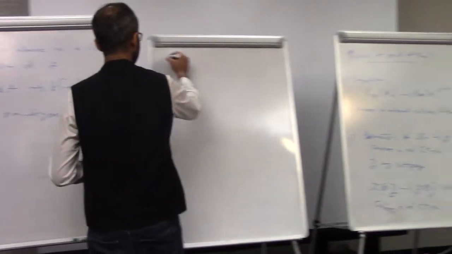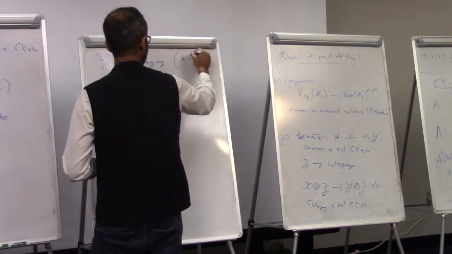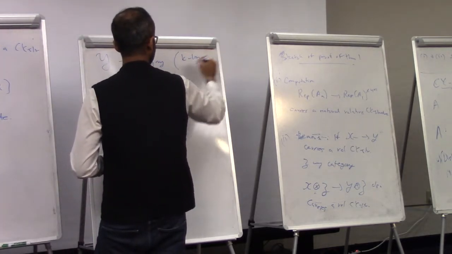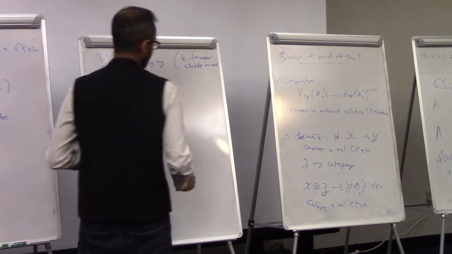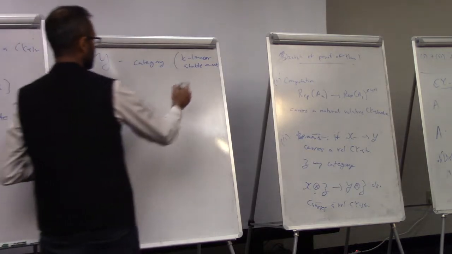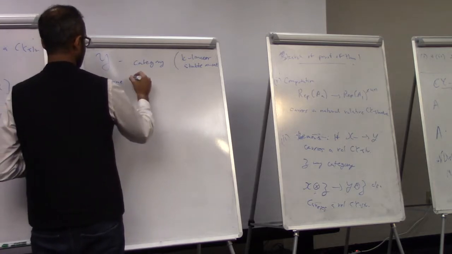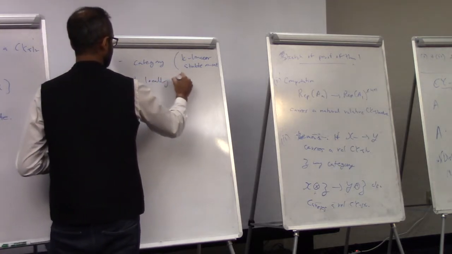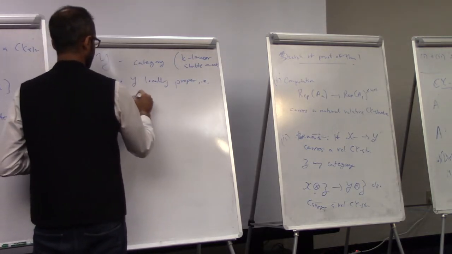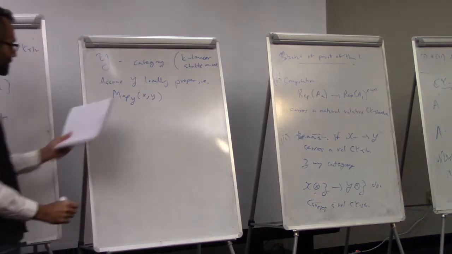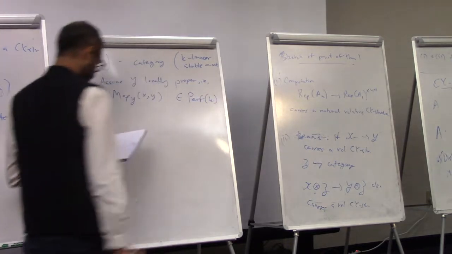If Y is some category, which always means a K-linear stable infinity category or A-infinity category, I assume that Y is locally proper, which means that maps between any two objects in Y are perfect.